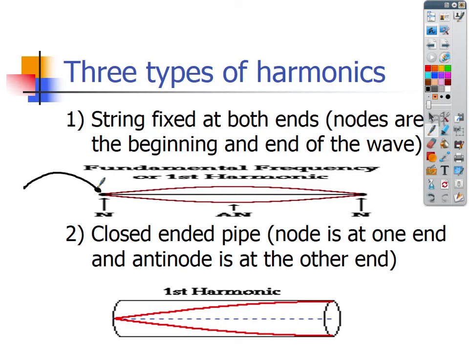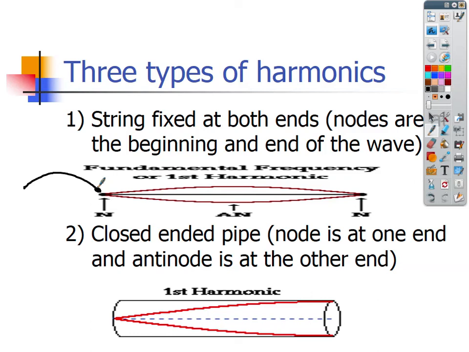Okay. The other situation that they love to do is what's called a closed-end pipe, where basically one side is closed. We have one end that's closed or fixed and the other side that is open. It doesn't have to be a pipe. This could be a string that you have fixed at one end and then you allow it to whip around at the other end. Same thing.